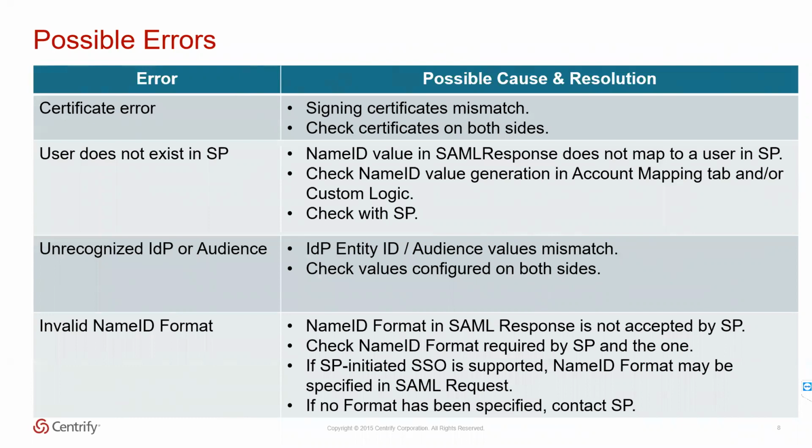We forgot to set it, or custom logic happened to set it the wrong way. And when the response gets sent to the SP, they say invalid name ID format. So once again, just check what it is supposed to be and make sure that the name ID format value being output, being written in the SAML response, is correct.